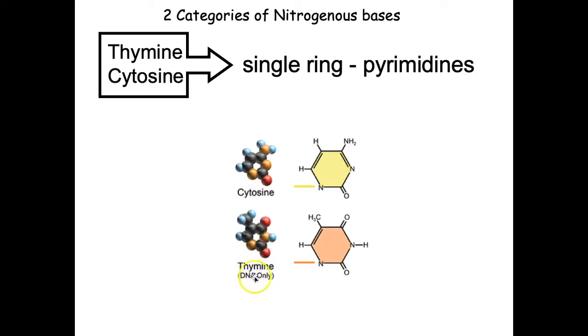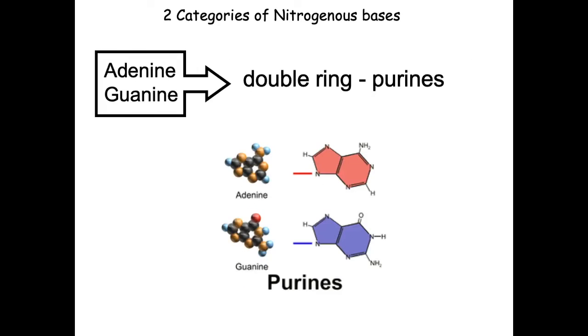And you'll notice here it says DNA only. So when we get to RNA later, we're going to add another pyrimidine. So there's a different pyrimidine in RNA. So just kind of keep that at the back of your mind. The other type are the double ring, adenine and guanine. These have two rings, and these are purines.